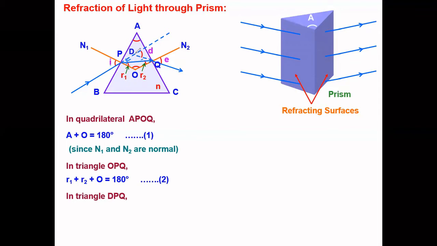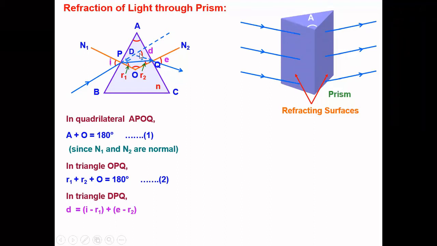Again, angle D we won't know. Now for that, angle D plus these two angles, these three angles will be equal to 180 degrees. So small d is equal to the external angle, which can be written as the sum of interior angles. The interior angles are I minus R1 and E minus R2.